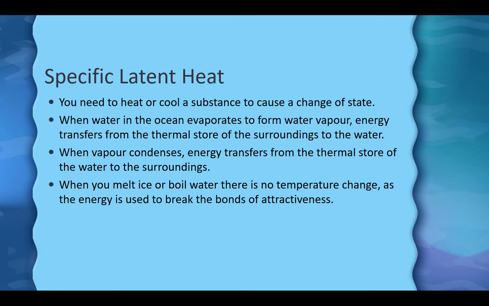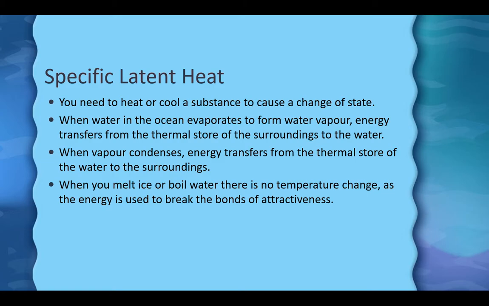And then there's specific latent heat, which is similar to specific heat capacity, but not the same. So the basis with specific latent heat is the fact that to cause a change in state, you must heat or cool a substance.